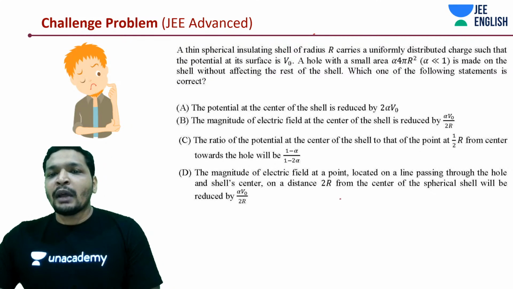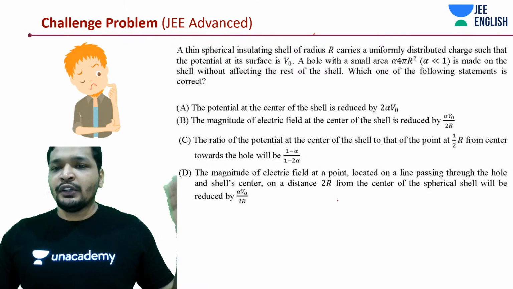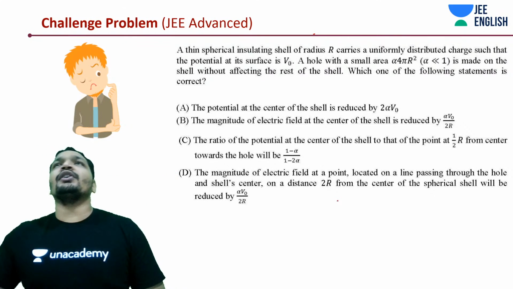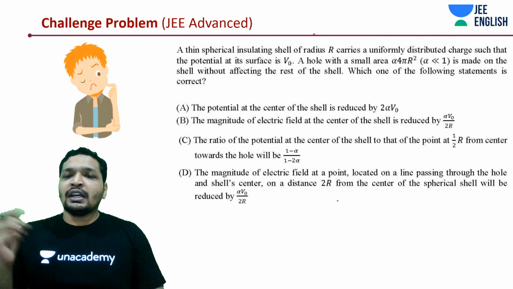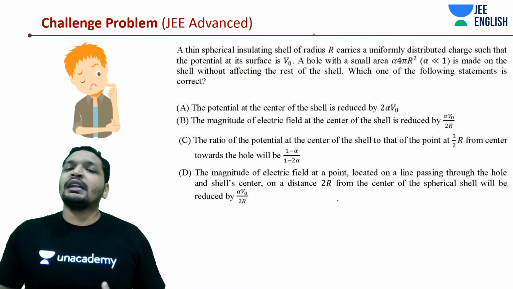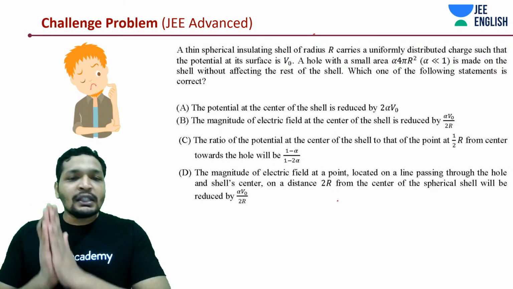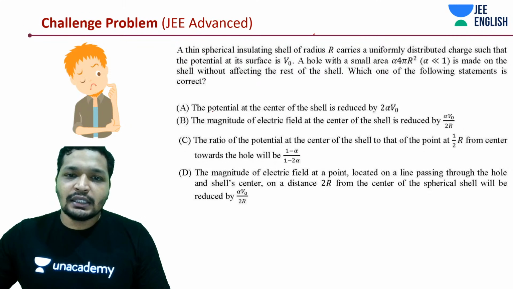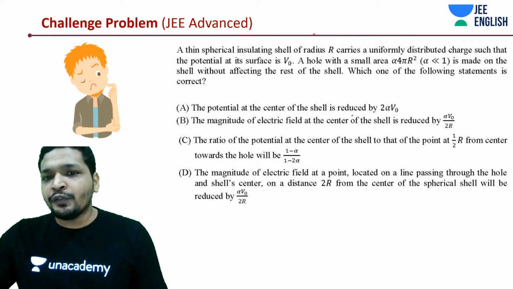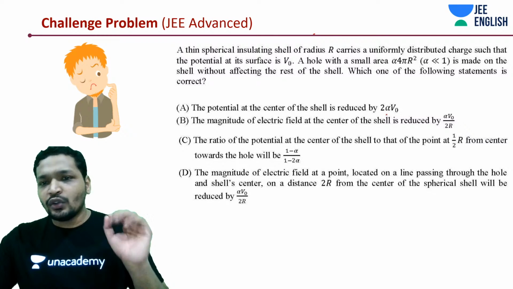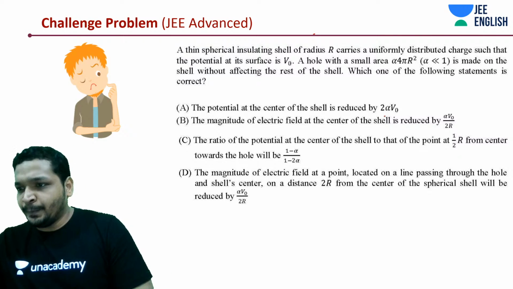If the shell is positive, then it is as if a negative point charge has been kept on the sphere. Now what is asked in the options? The potential at the center of the shell is reduced by 2 alpha into V0.